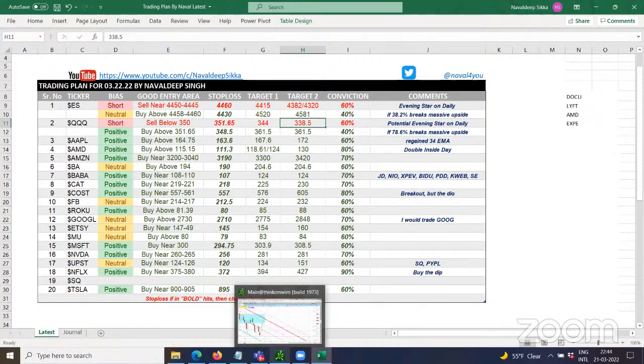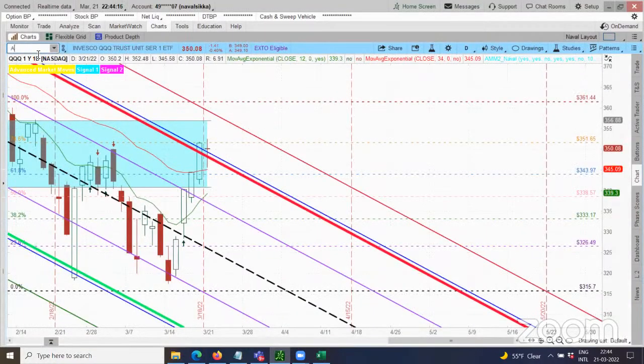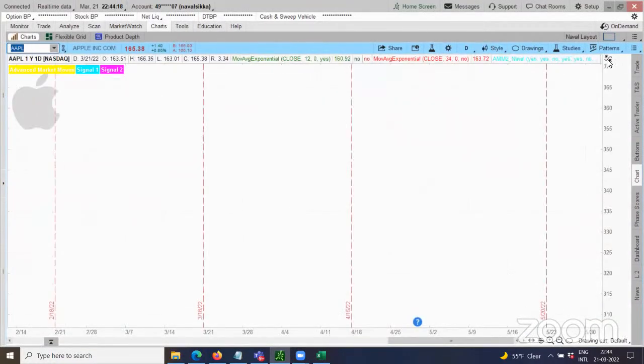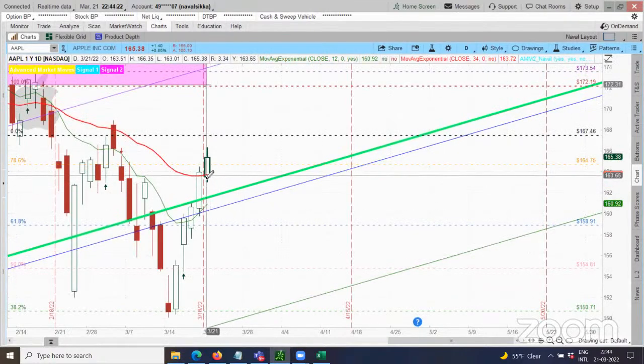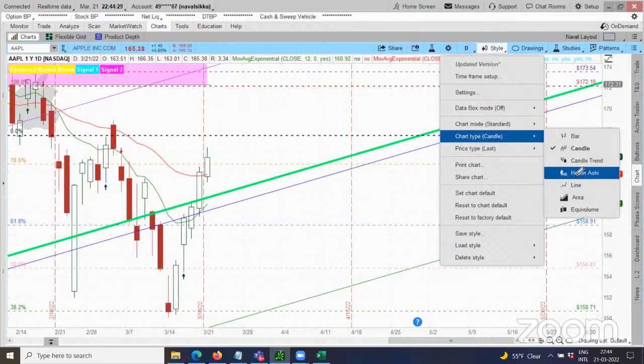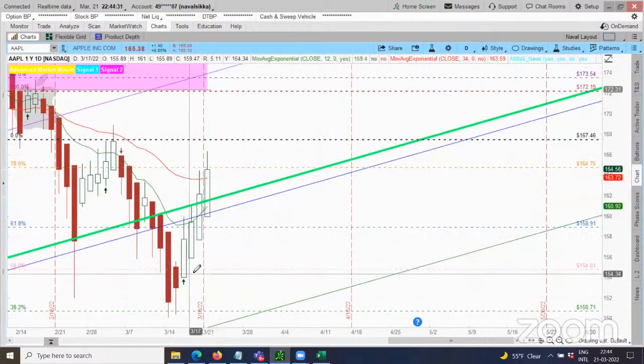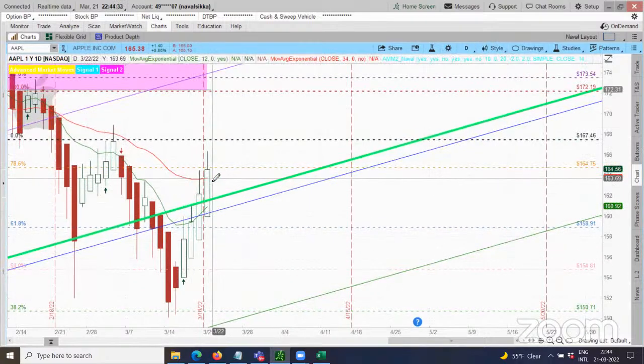Apple. Apple today had opportunity to lead. And as I said, it recaptured the 12 EMA and it's looking good. And in terms of Heikin Ashi, the trend is still on.